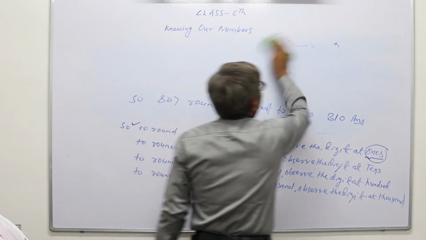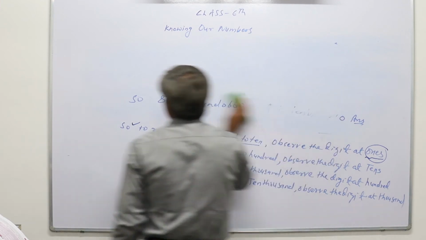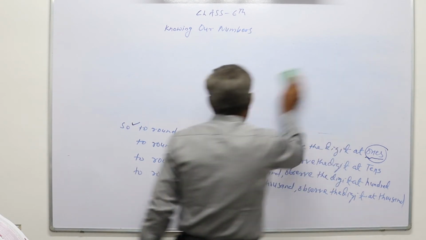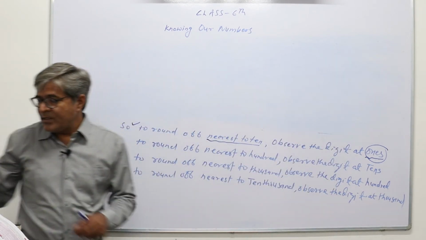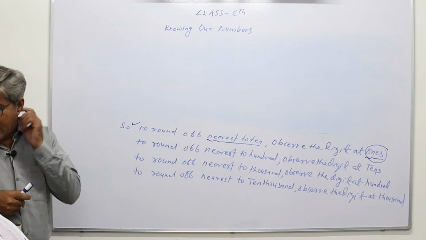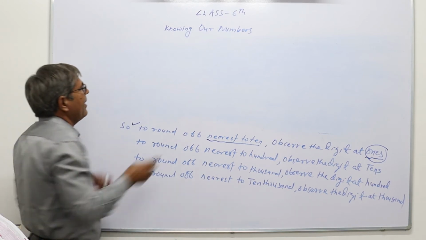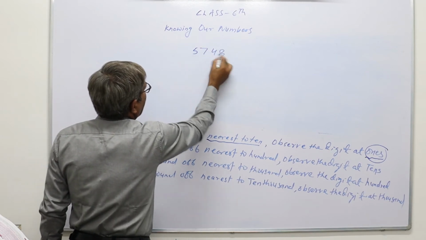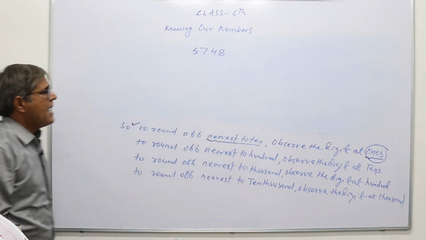Now we will take some examples to round off nearest to 100. So let us round off the number 5748 nearest to 100.